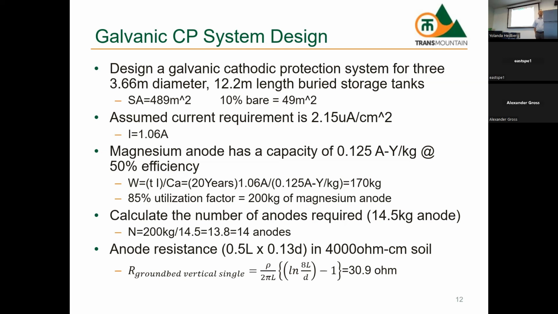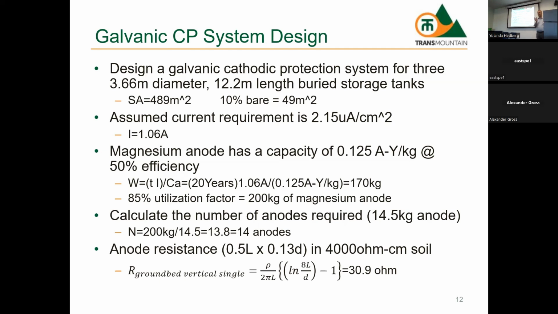We also have a safety factor on magnesium of 85% utilization. Utilization implies that over time, as you're consuming this magnesium anode and it gets smaller and smaller, you get to the point where it either necks off or it breaks when it gets really small, and you're not going to utilize 100% of the weight.